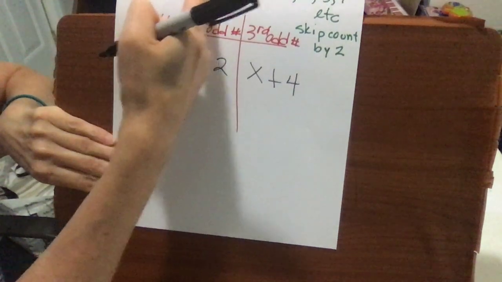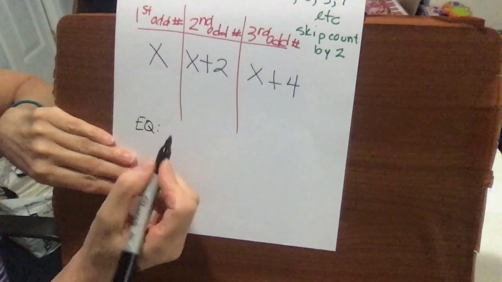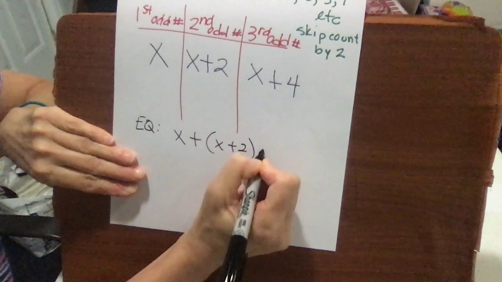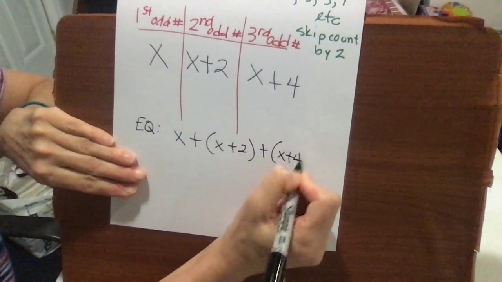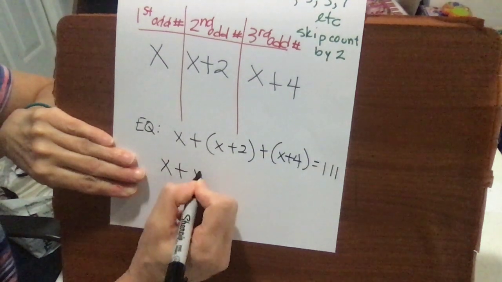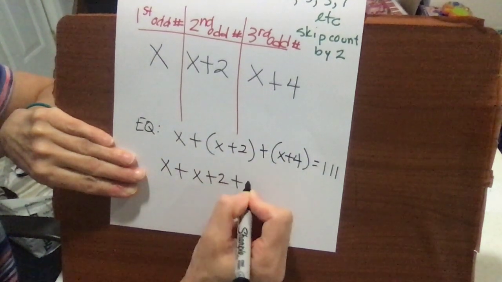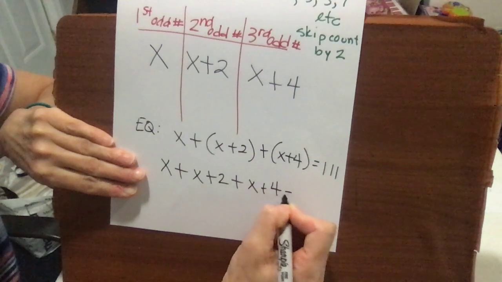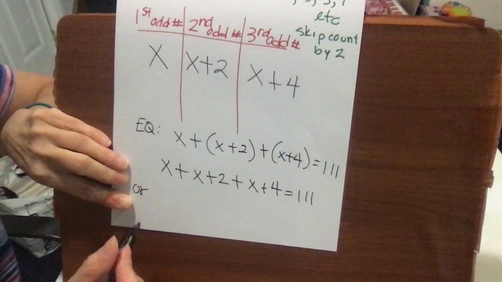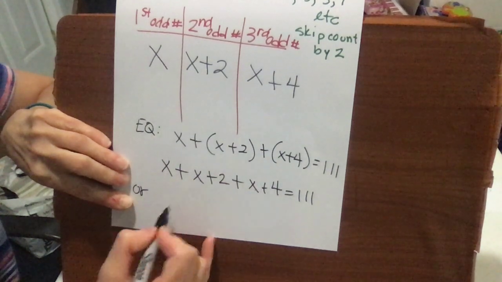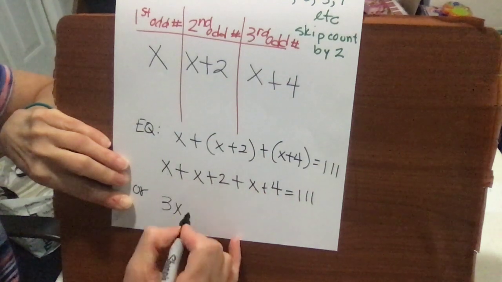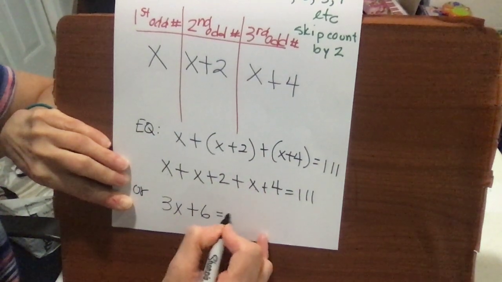Well, we want the sum of all three of them that adds up to 111. So it's x plus x plus 2 plus x plus 4 equals 111. And you can drop the parentheses also because everything is being added. So this is also an acceptable equation. Or if you do know how to combine like terms and you're comfortable, we have 1, 2, 3 x's, and we have positive 2 plus 4, so plus 6.